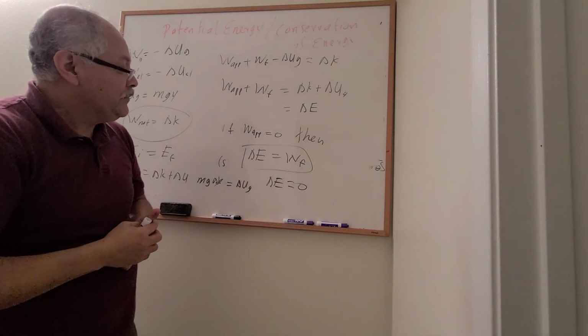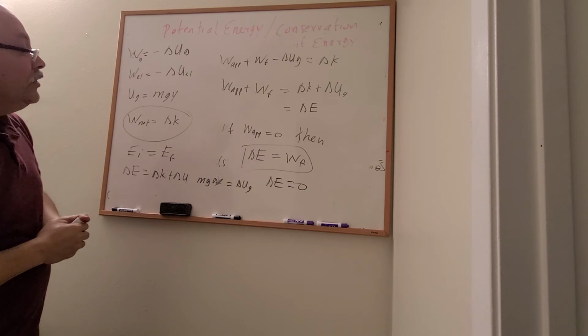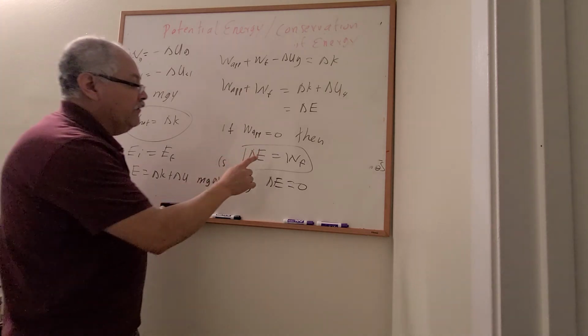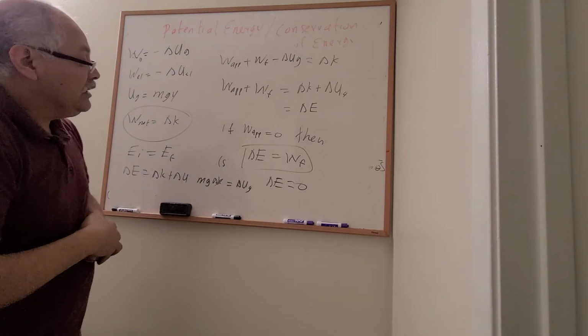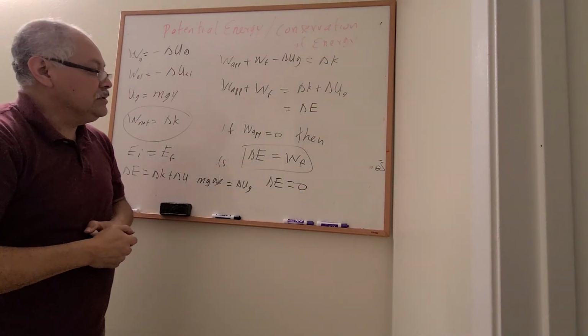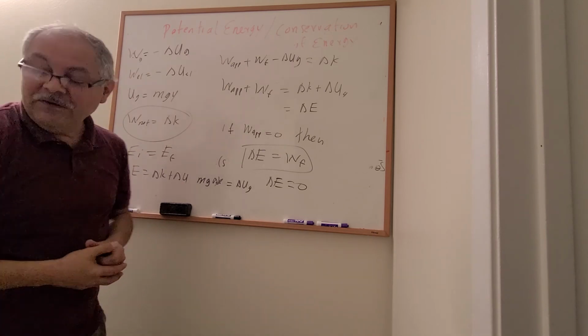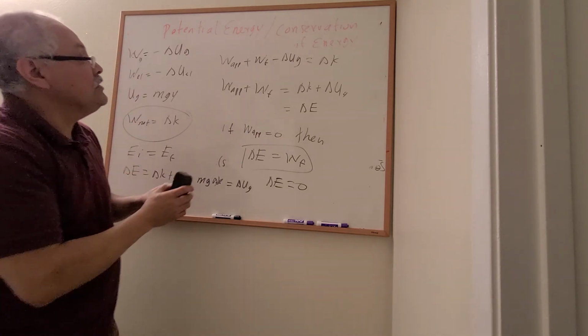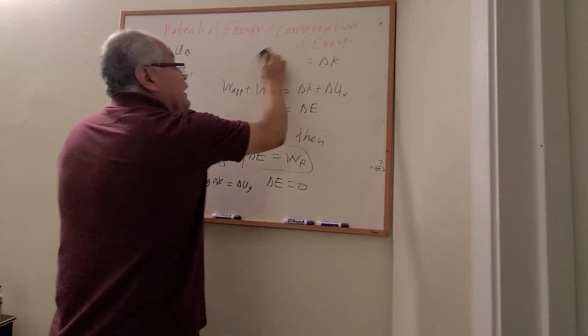Got it? Okay, and that's the conclusion for this analysis. When we have friction, the change in the total mechanical energy is equal to the work done by friction. Got it? Perfect.